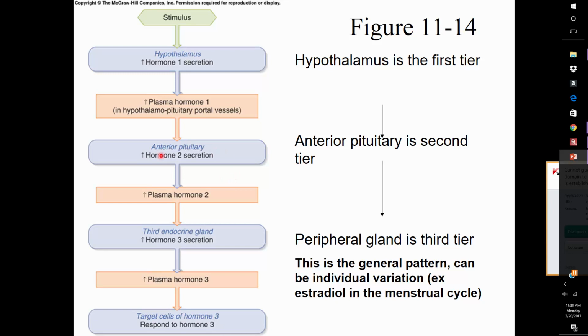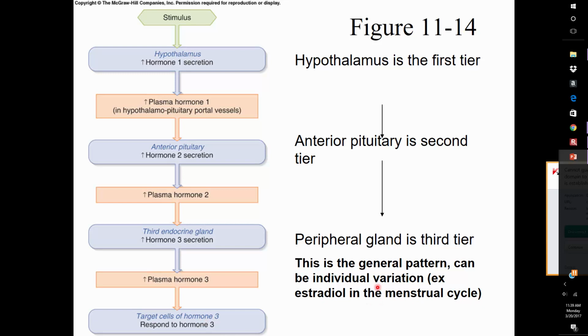And the anterior pituitary makes a hormone that goes into the plasma, circulates throughout the whole body, then finds the peripheral gland. The peripheral gland is the 3rd tier. And that makes a peripheral hormone. And that goes in the plasma, and then it acts and carries out the function that we associate with that hormone. And this is the general pattern.